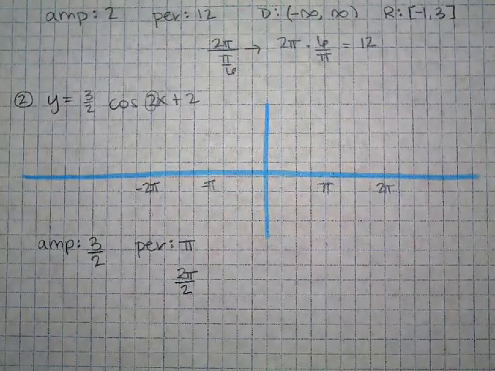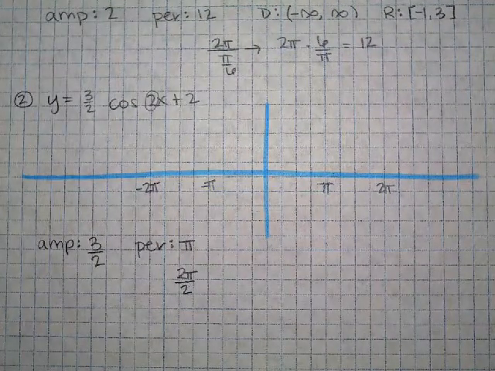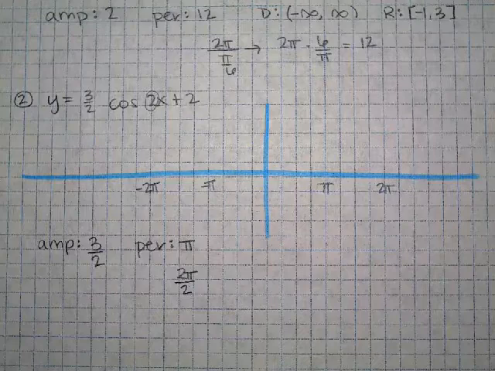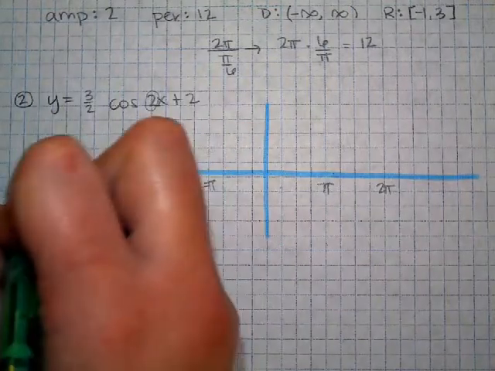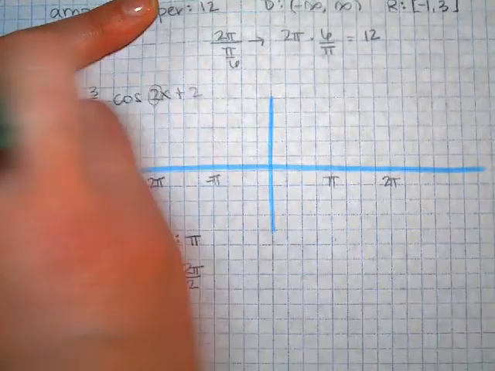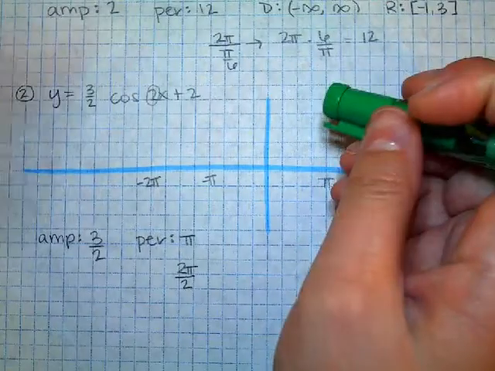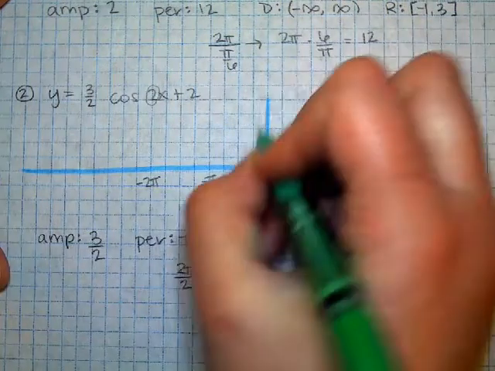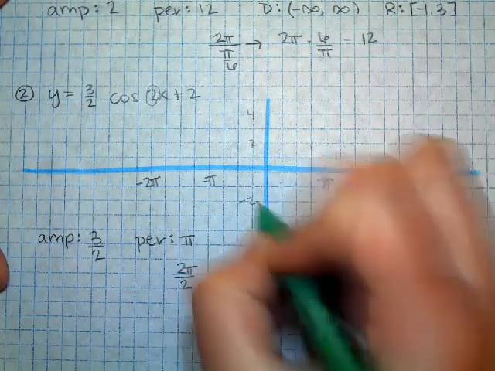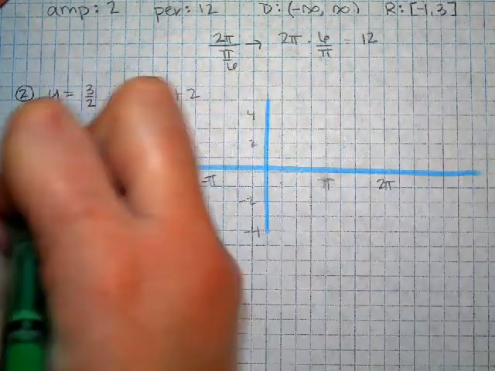Okay. What does the 2 on the end do? Moves the middle of the graph up 2. So the middle of the graph is going to be, oh, sorry. Do we want to go by ones? Yeah, go by ones? Okay, so we're going to do 2, 4, -2, -4. Okay, so here's the new middle of the graph.